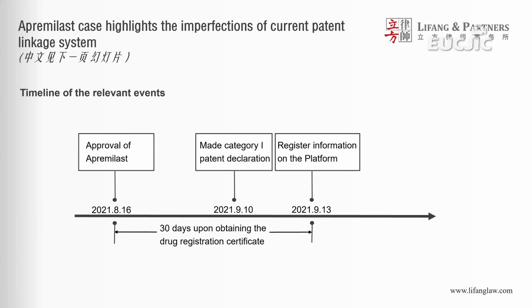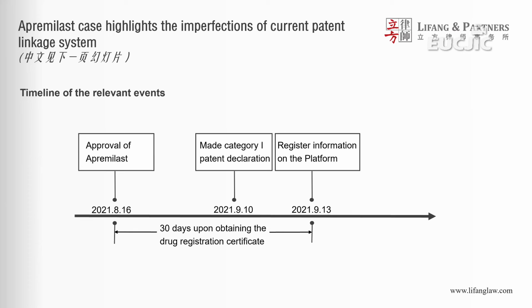However, just 3 days before that, the generic drug company filed a generic drug application and also made a Category 1 patent declaration, because at that time the MAH had not listed the patent on the patent platform.